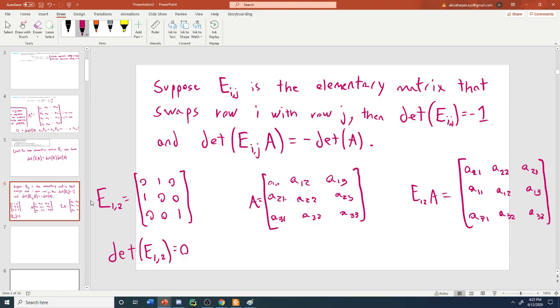Now, let's compute the determinant by doing a cofactor expansion of each of these along the bottom row.